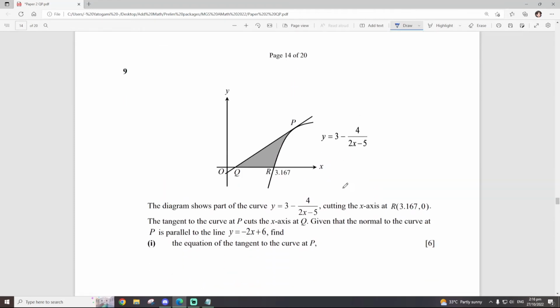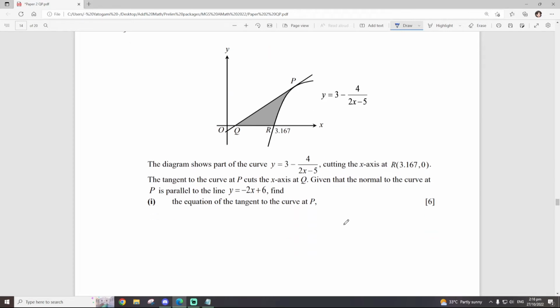Area under curve. Find the equation of the tangent at P. The normal to the curve at P is parallel to this, so the gradient of the normal is -2. So one finds dy/dx; the 3 will be gone.